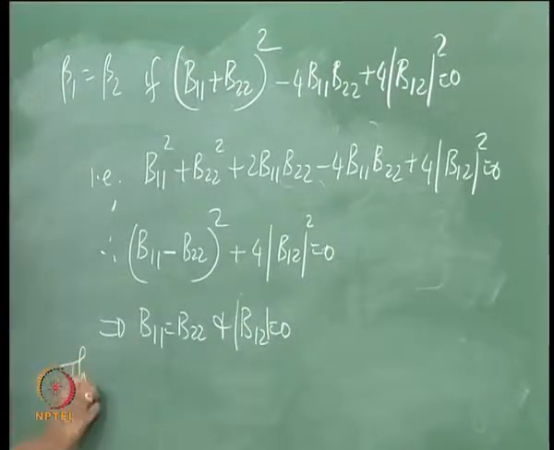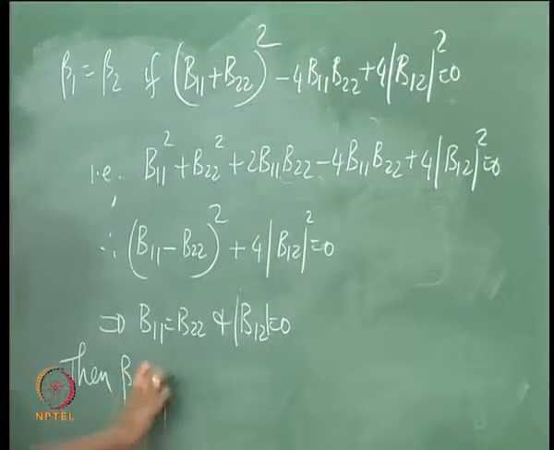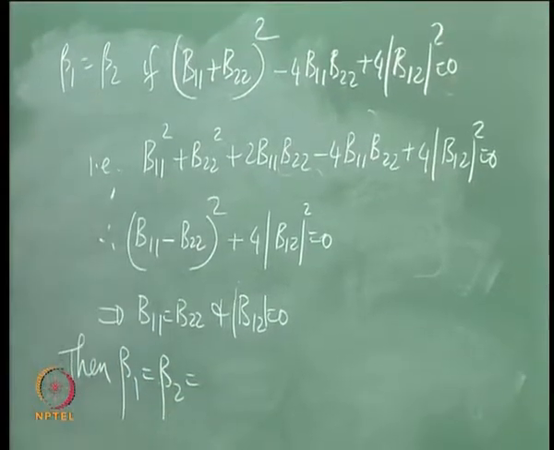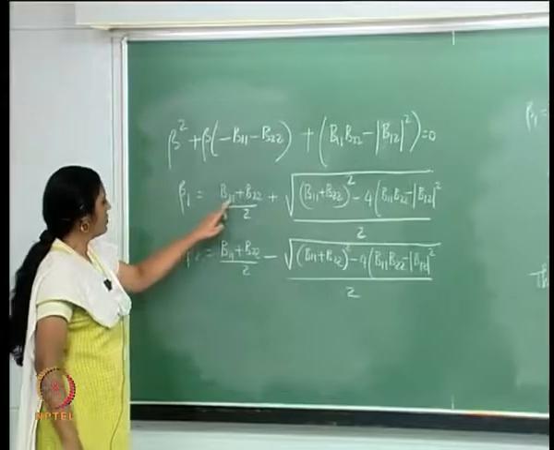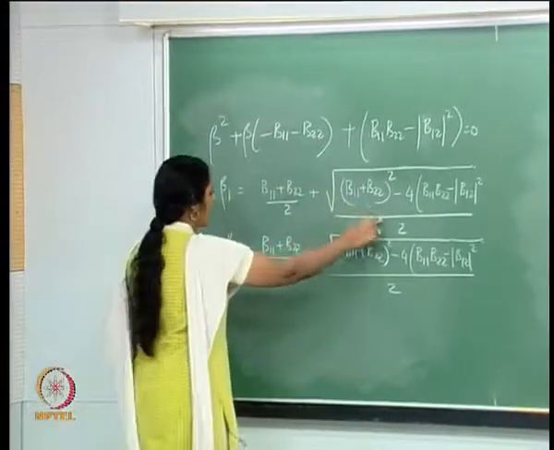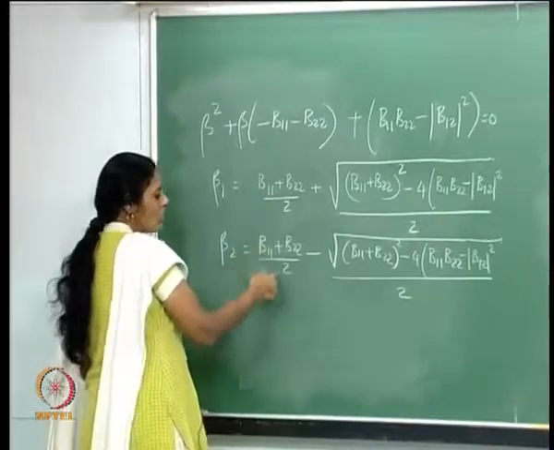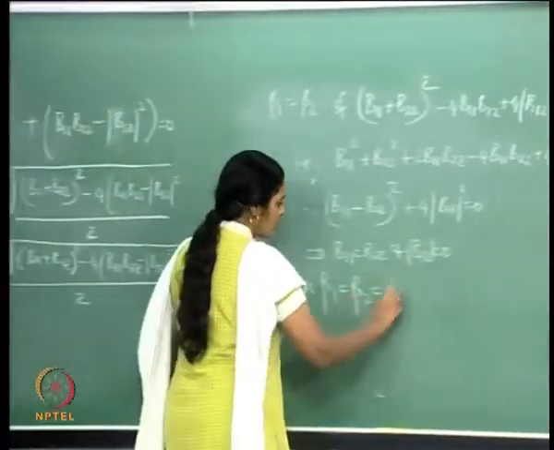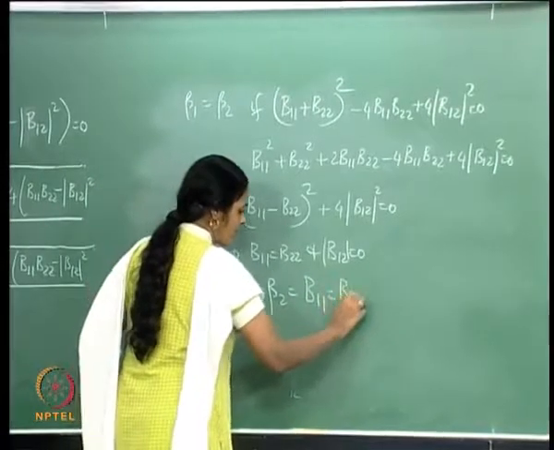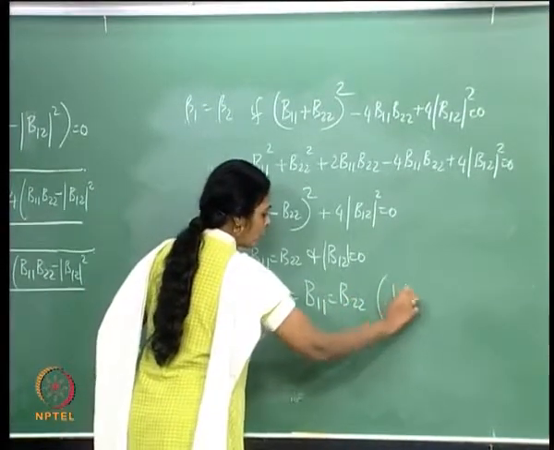Then beta 1 is equal to beta 2. From here, this is just B11. This term drops out, and so beta 1 is twice B11 by 2. Beta 2 is also twice B11 by 2. So, that is B11, but that is the same as B22. Remember, mod B12 is equal to 0.